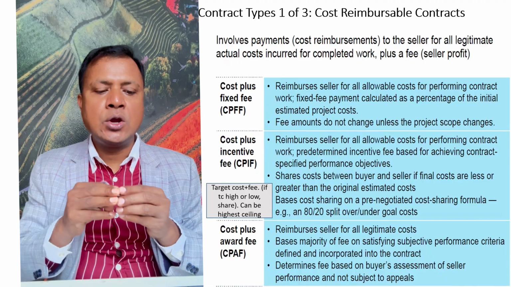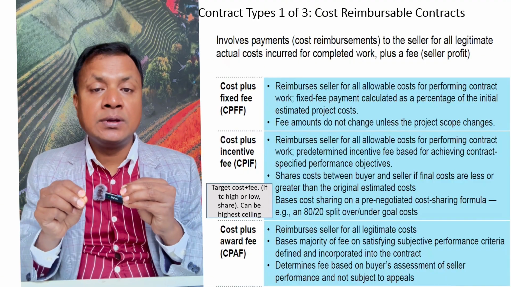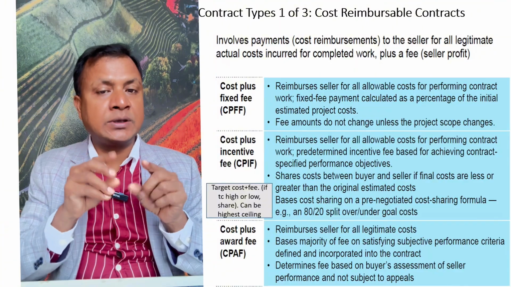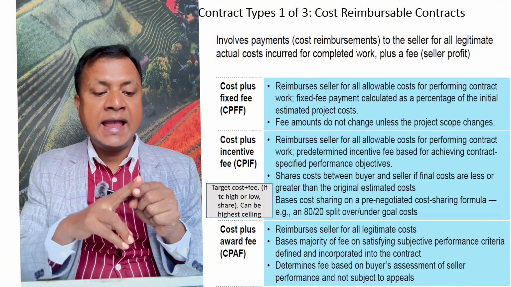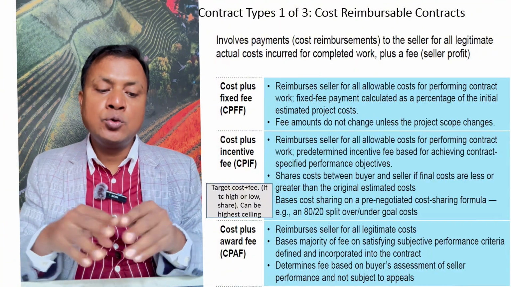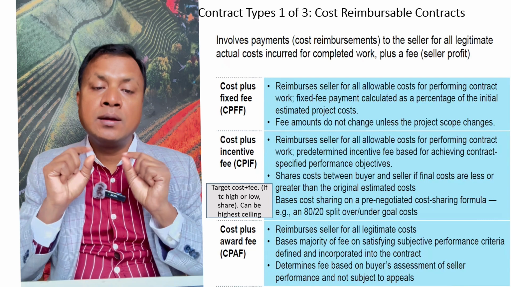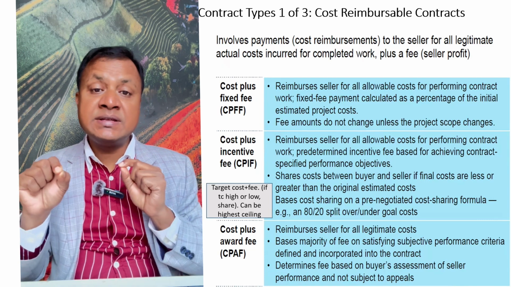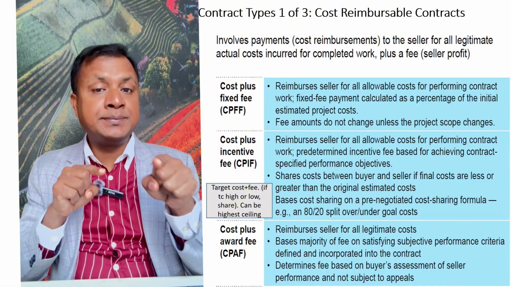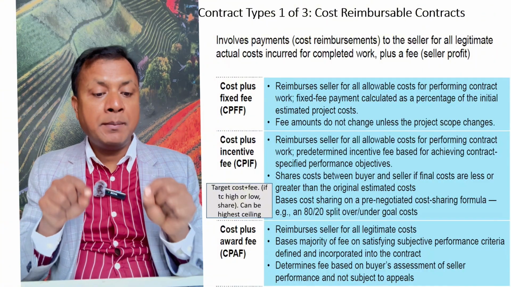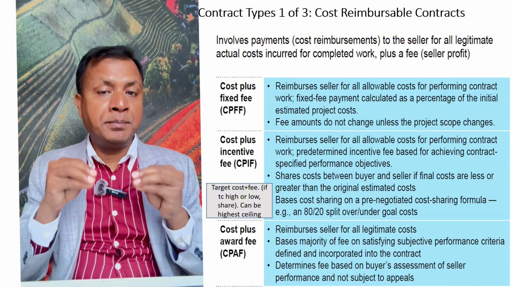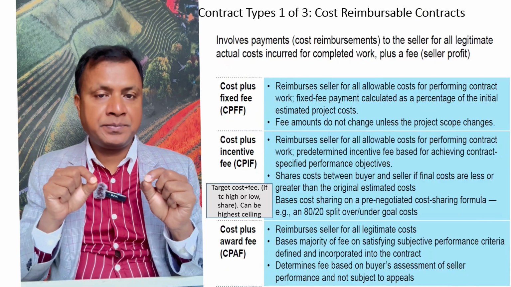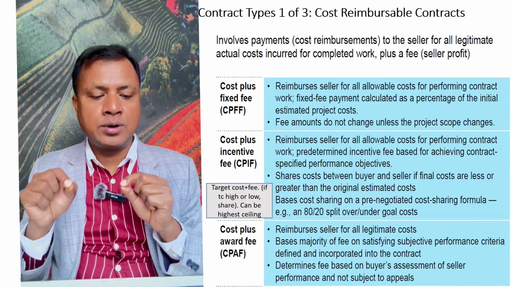Second one is cost plus incentive fee. What is that? So here also we will provide the cost only, and based on his performance we also give him some incentive. So the incentive amount can be changed, not fixed. The previous one is a fixed fee, but this one is an incentive. So based on the performance of the seller, it can be less or more.